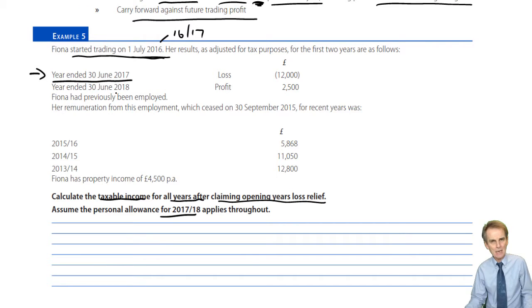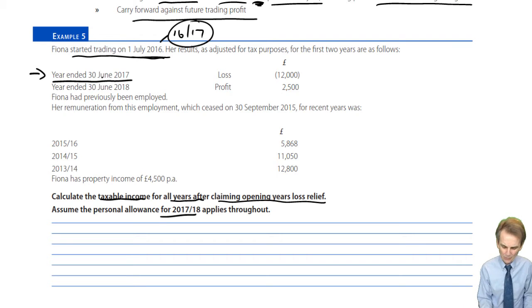What does that mean? It means CYB will become immediately available from the second tax year onwards. We know that the first tax year is 16-17, and we know that the basis of assessment will be actual. We then know that we have a year ended 30th of June 17, which using CYB, what tax year does the 30th of June 17 end in?